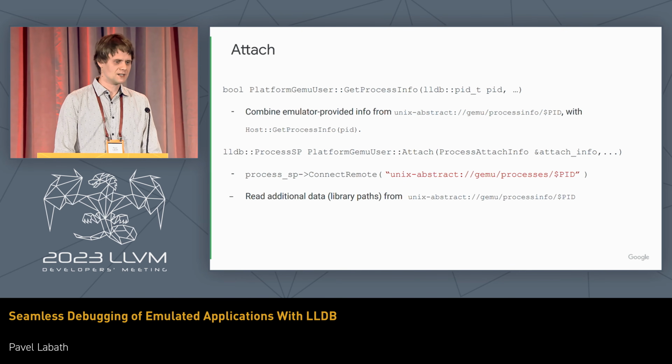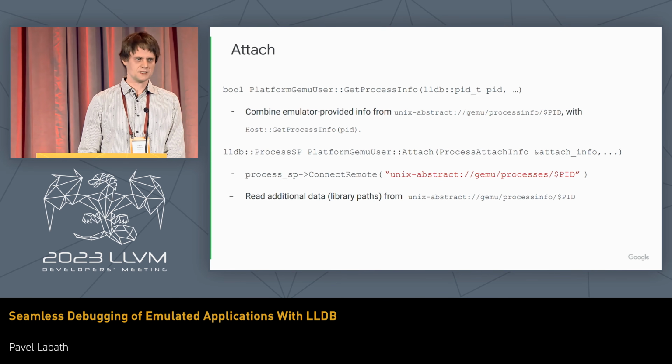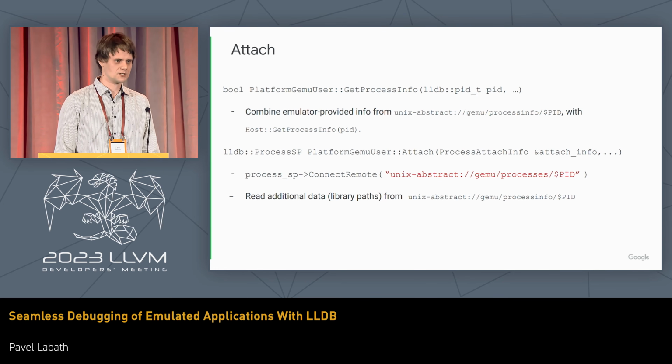One of them is the process info socket, which is essentially the emulated version of the proc file system on Linux. And it provides some basic information like the name of the process and so on. And the second socket is used for attaching. When LLDB wants to attach, it connects to that socket, and the emulator knows that this is a request to attach, and it should act accordingly.